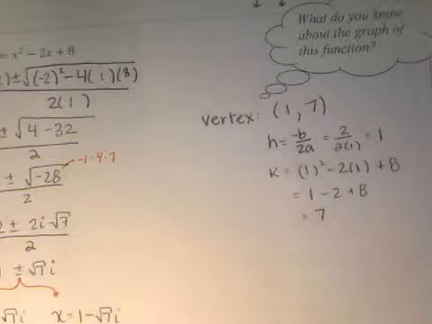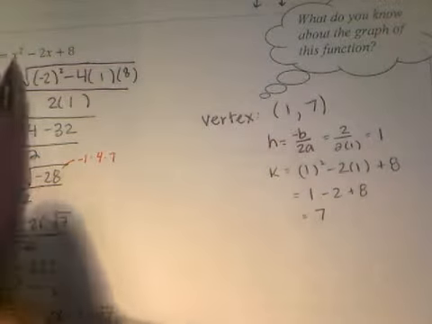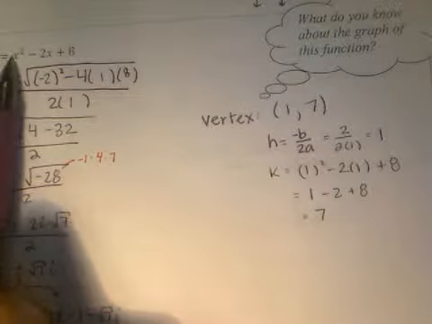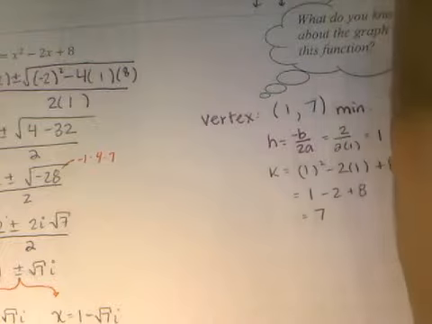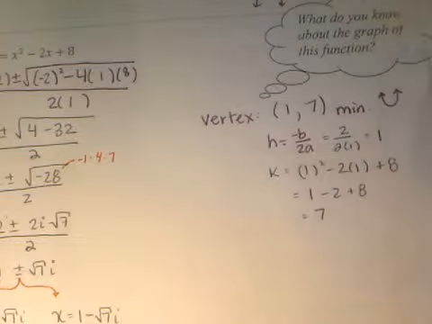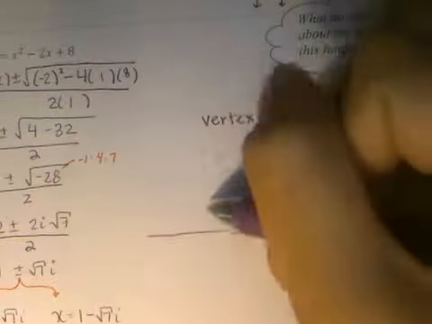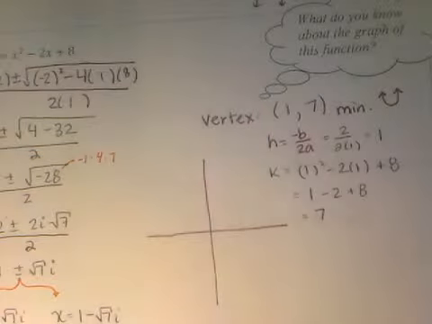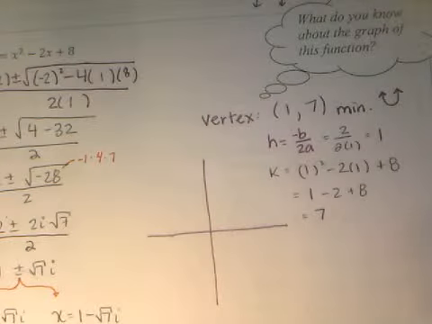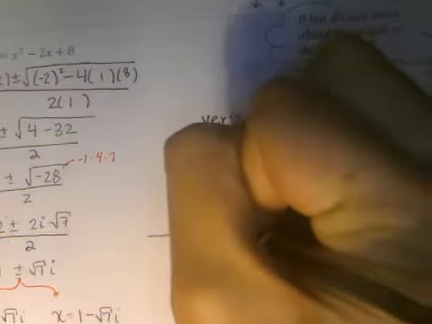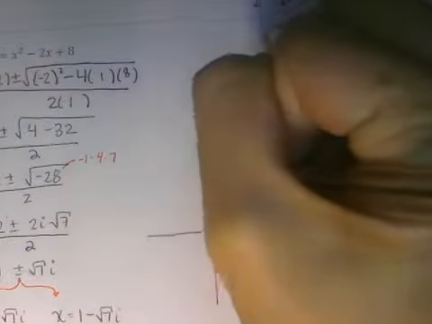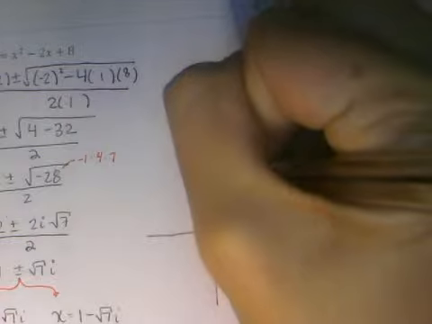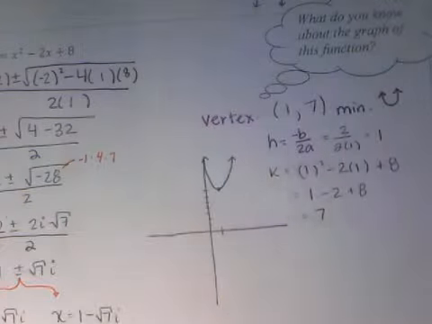I can also know that this parabola is facing up because the a value is +1, which means that this vertex point is a minimum. And if I were to sketch this one, there are my axes, and I'd find the vertex point, which is 1, and then 1, 2, 3, 4, 5, 6, 7. And even though this parabola is facing up, it's kind of similar to the one above.